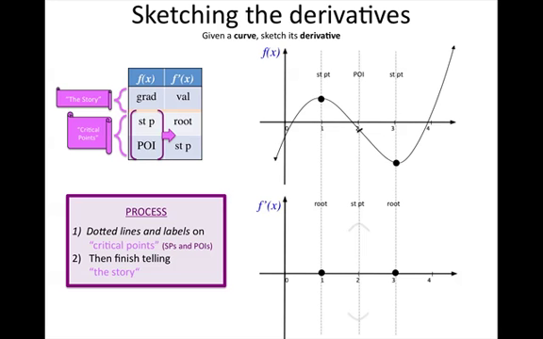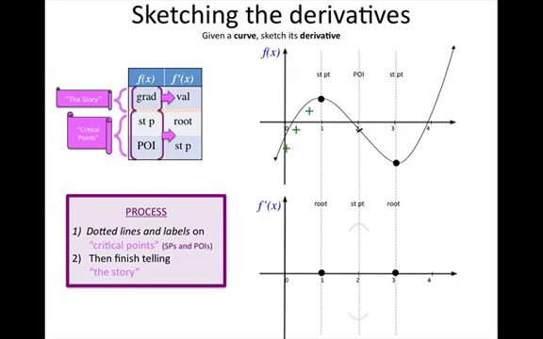So our critical points are done, and that's what we move on to, our storytelling, the gradient and the value. We look at the gradient of the f of x curve, and we see that will become the value of the f dash x curve. So let's move between each critical point. We'll start from 0 to the first critical point at 1.